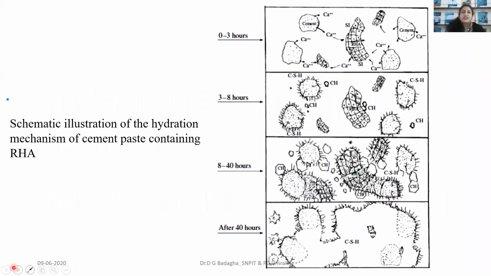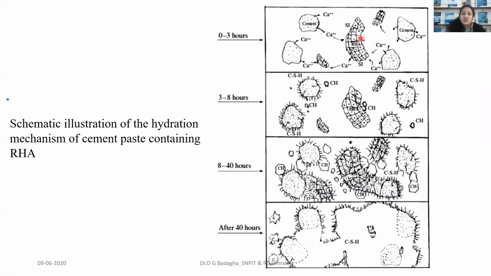Okay, here is just a schematic diagram for your reference, taken from one researcher's paper, for your understanding of how it reacts. Here you can see cement is there, then Ca plus Si, and RHA is here where my red pointer is.